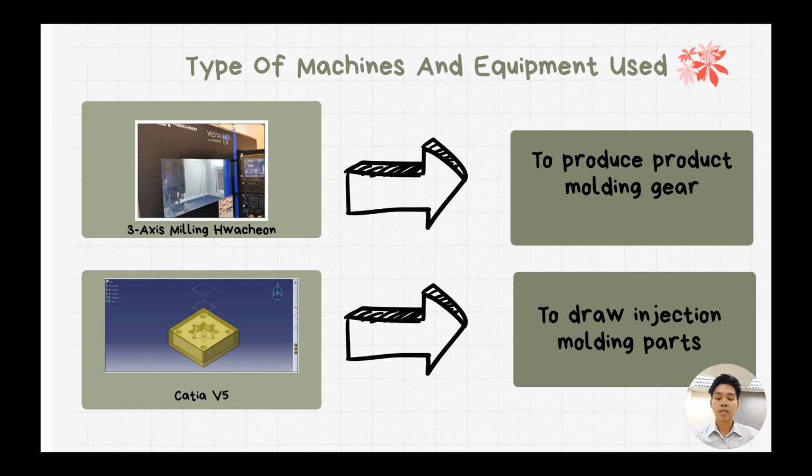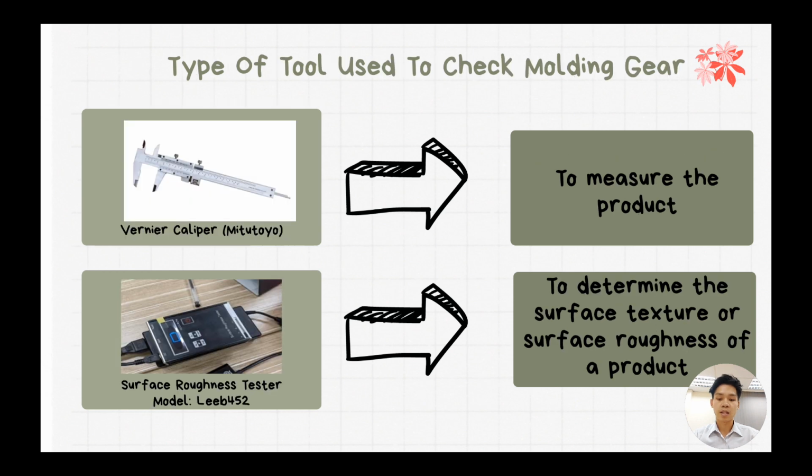Number 6 is CATIA V5 software to draft the injection molding part. Number 7 is a vernier caliper to measure the product. Number 8 is the roughness tester model LEEB 452 to determine the surface texture or surface roughness of a product.